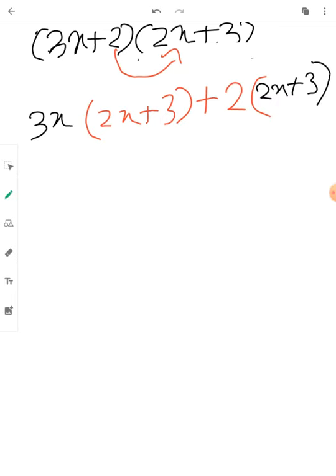Okay, so now 3x plus, 3x times 2x is equal to 6x squared, plus, don't forget to write this plus over here. Okay, so 3x times 3 is equal, shall I redo this?